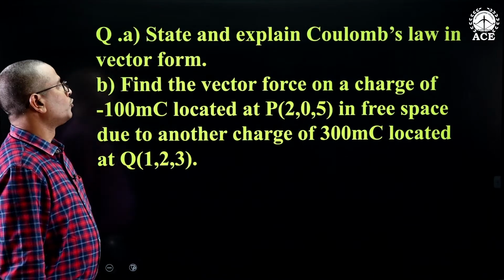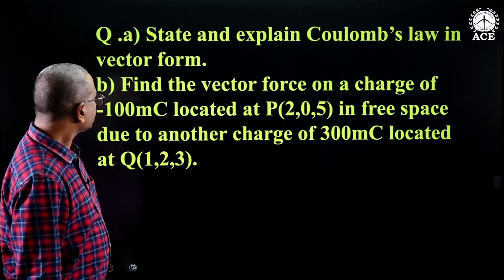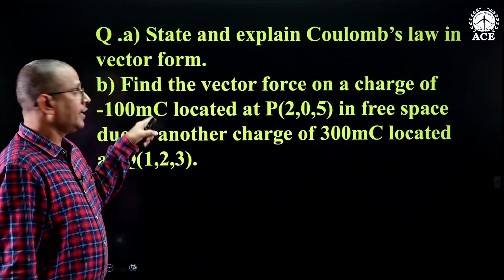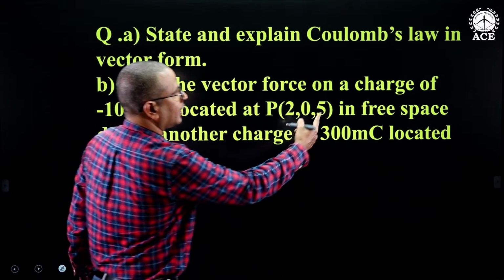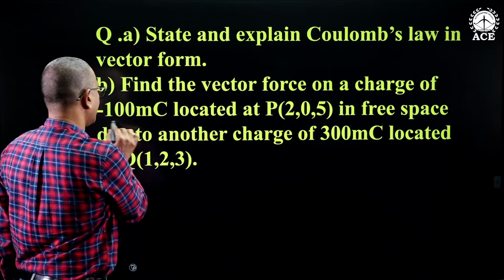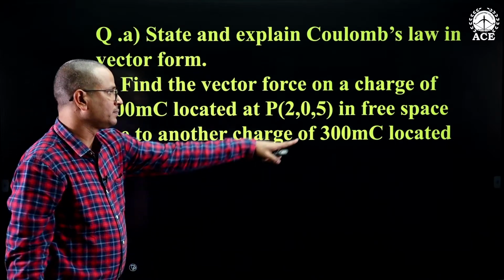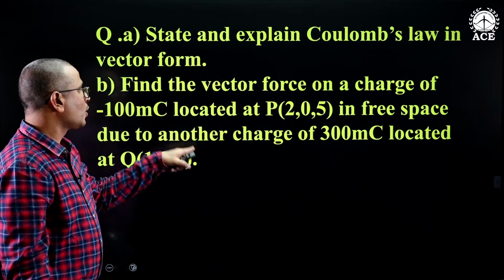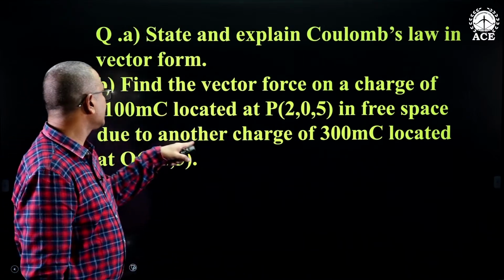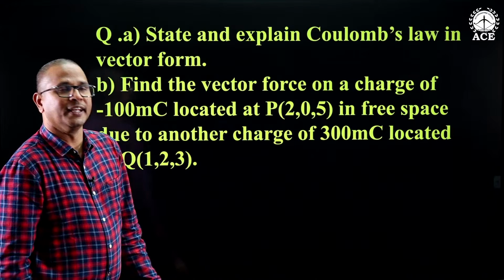Look at this. Find the vector force on a charge of minus 100 millicoulomb due to 300 millicoulomb. So the arrow must be pointed towards minus 100 millicoulomb.